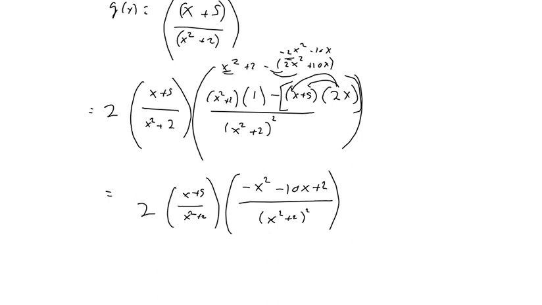Anyone think we can simplify further? We have these two fractions. You think we can multiply these two fractions together? Is that allowed? Do you think I can multiply this fraction times this fraction?